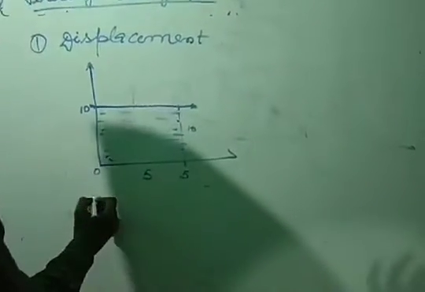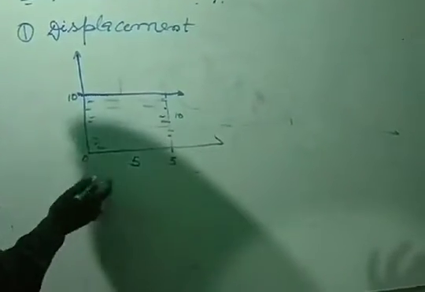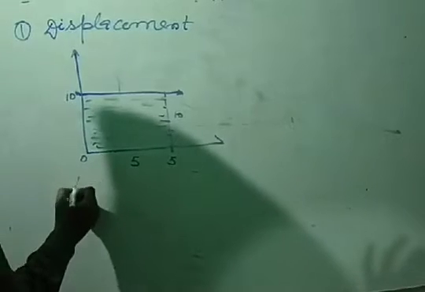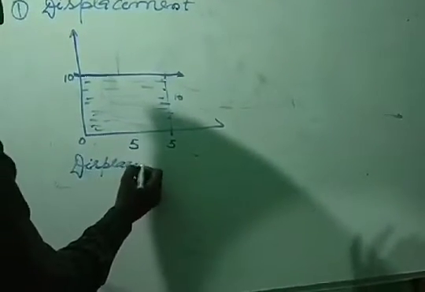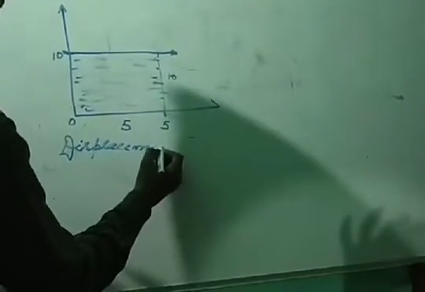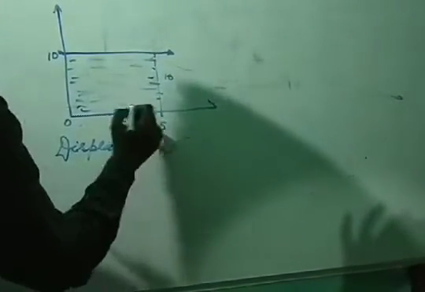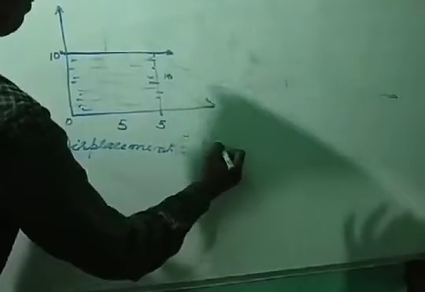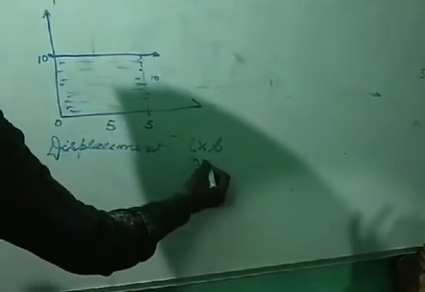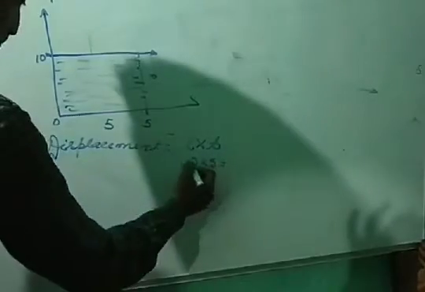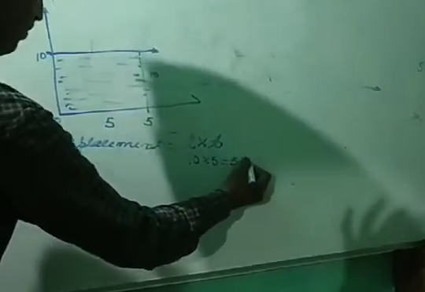So the area of this region gives the displacement of the body. So displacement is equal to length into breadth, 10 into 5. Here displacement is 50 meter.